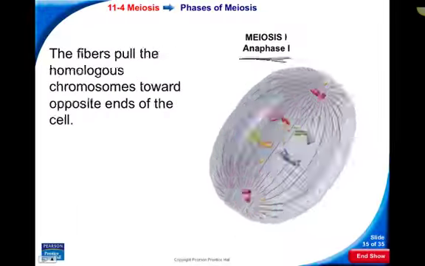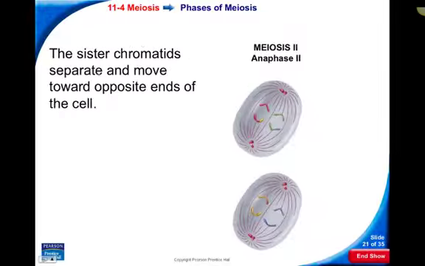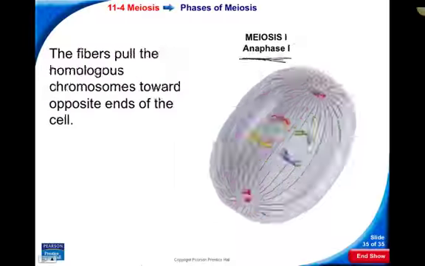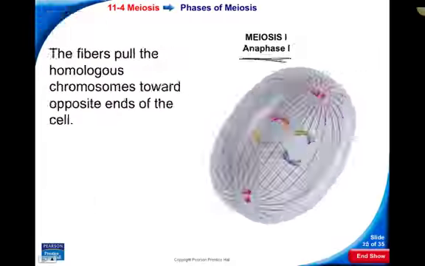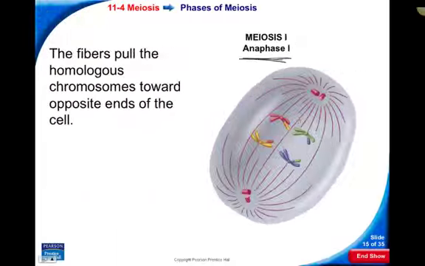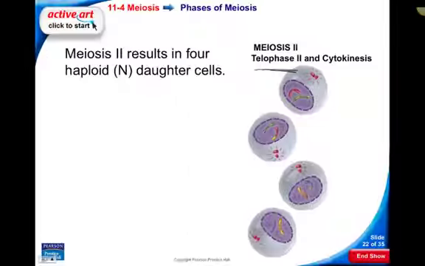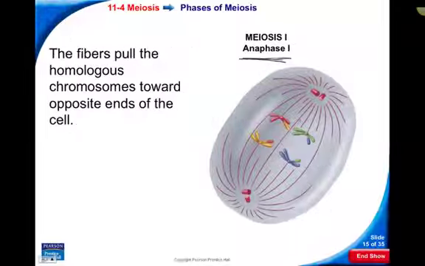The sister chromatids are now separated, and they're pulled towards the opposite ends of the cell. Now we're in anaphase. After telophase, we now have 4 cells, each with 1 chromosome.